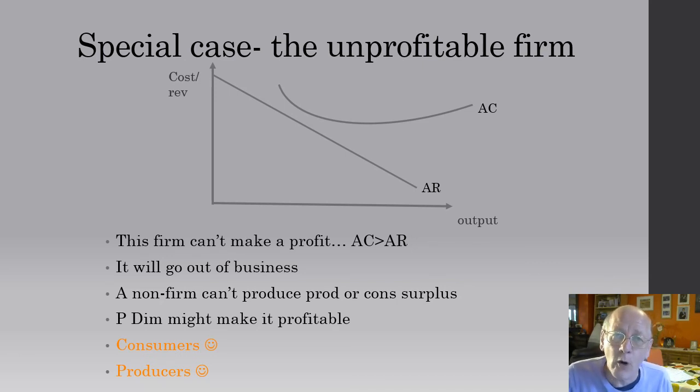And if you can't put on plays, then that can't make any consumer happy. Similarly, it can't make a profit. It can't bring in new money. So there's going to be no consumer surplus and no producer surplus. So if price discrimination makes them a viable firm, that will make both consumers happy and producers happy.